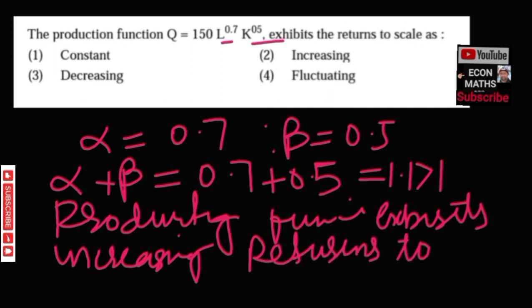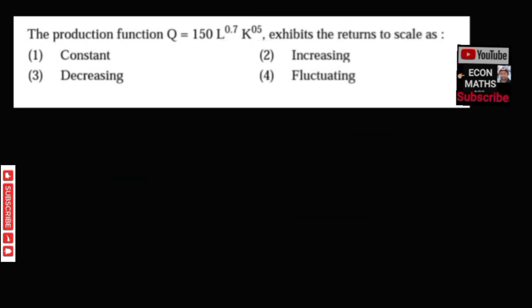Okay, so I will try to show you how actually it happens. Let us take this very example. Let us say we have L is equal to 10 and capital is also equal to 10.